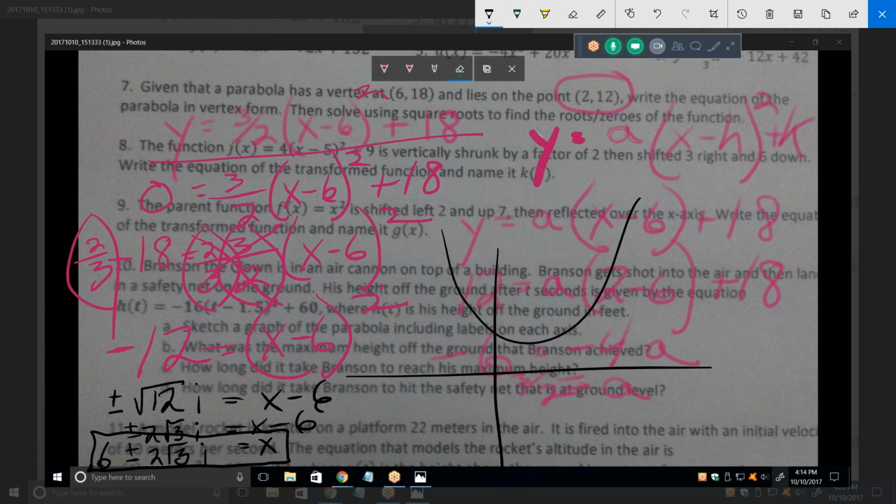When you have imaginary zeros, they're not zeros that cross the x-axis. So that's what you find out when you go to solve this: it's not going to be a parabola that crosses the x-axis. But nonetheless, we've done everything we need to do on it.